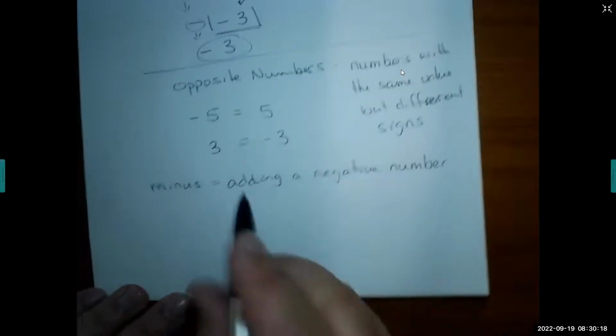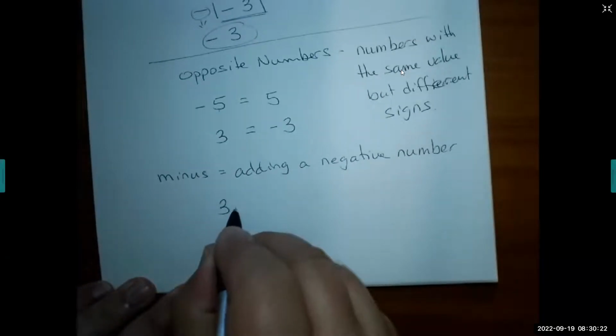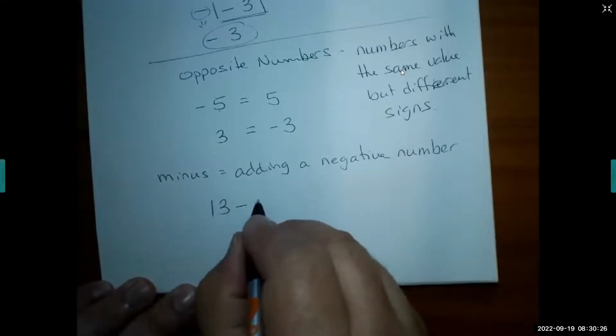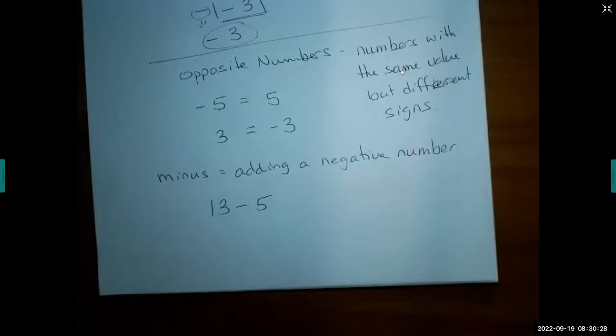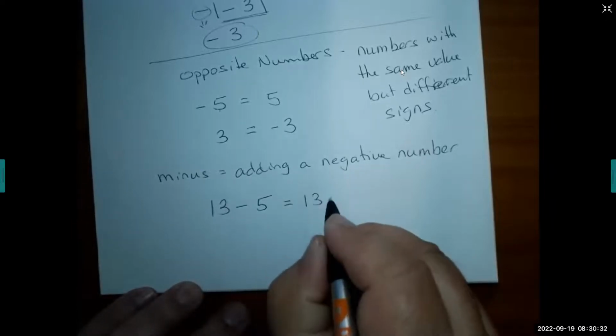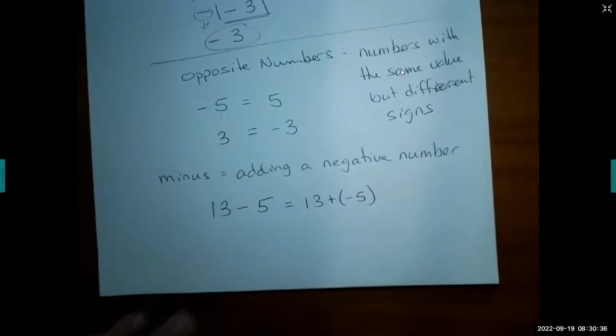So if I gave you this, 13 minus 5. What that really means is 13 plus a negative 5.